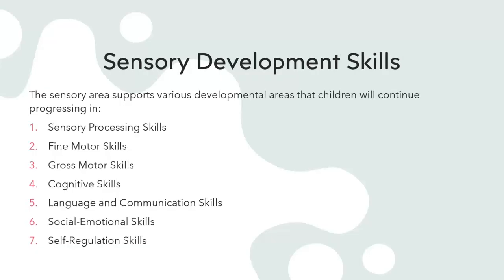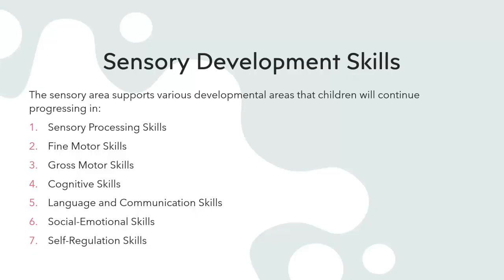The sensory area in itself includes various developmental skills that the children will be working on during this play. They will continue progressing in sensory processing skills, learning about the five senses. They will continue to progress their fine motor skills, which they will later use during writing and all other sorts of things. They will develop more gross motor skills.